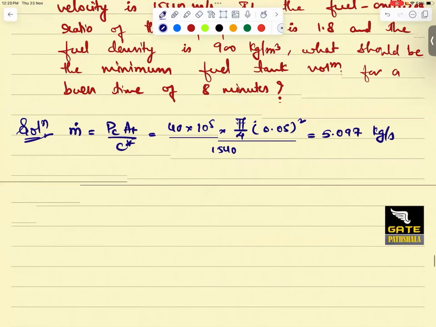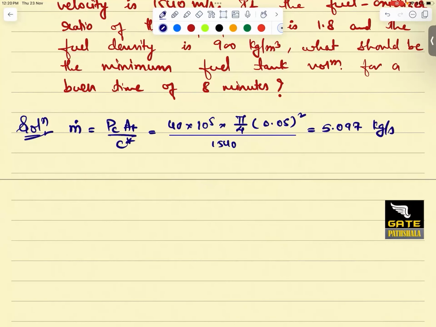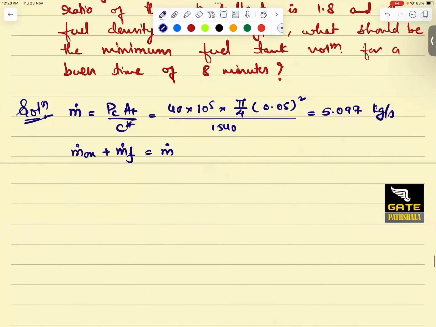So whatever is the mass of the gas that is coming out is because of the combustion of propellant. So the mass flow rate of oxidizer plus fuel should be equal to m dot. Your interest is m dot f. If they ask you oxidizer, you will take m dot ox common.